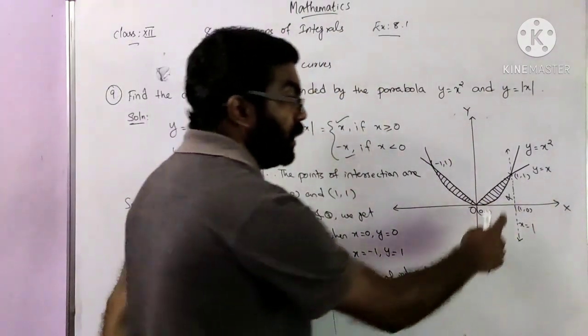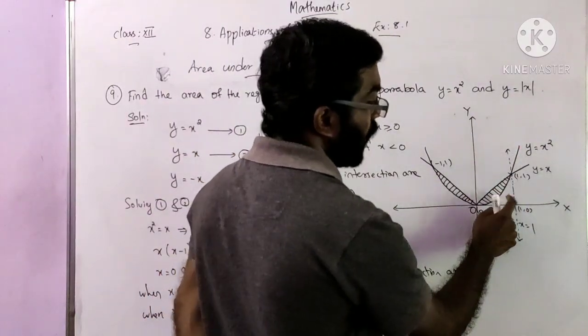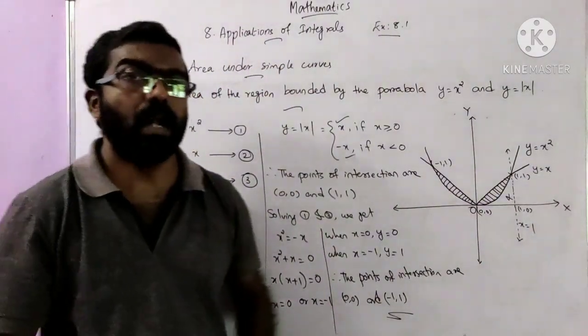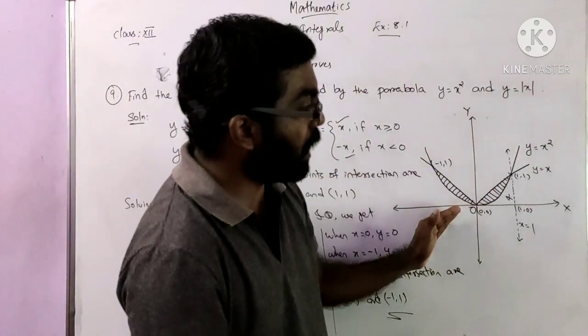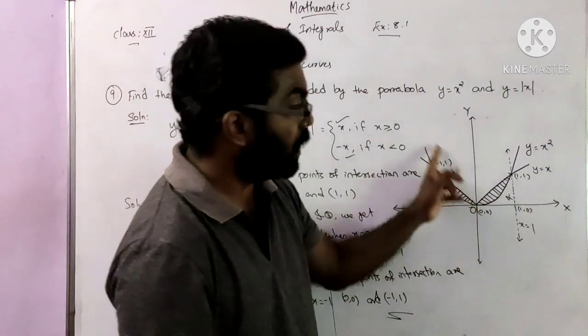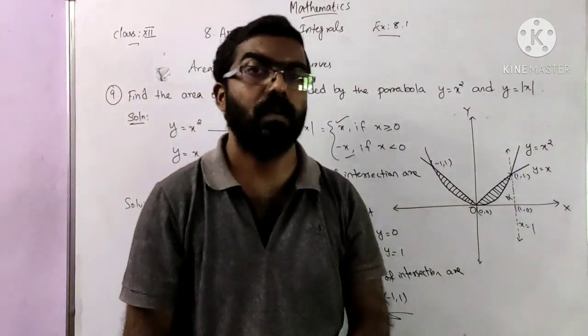Actually this is the area under the parabola, so we have to subtract this area from the first area. Is it clear? So what we have to do is integral 0 to 1 of the area under the line y equal to x minus the area under the parabola y equal to x square.